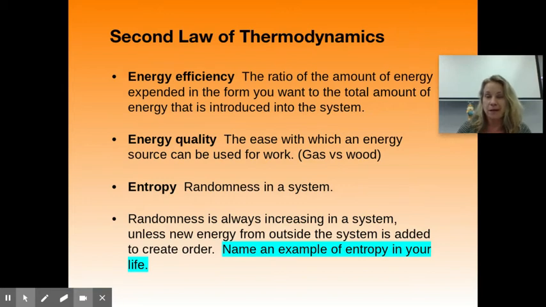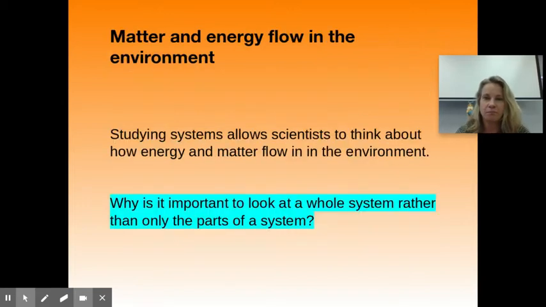So think about something that gets more and more unorganized as time goes by. I can think of one in my house would be my kid's bedroom, which I'm sure you probably have the same way. So it's hard to keep things clean, because things get more and more disorganized as time goes on. And then you have to spend the weekend or whatever cleaning it. So that would be an example of entropy, but energy does the same.